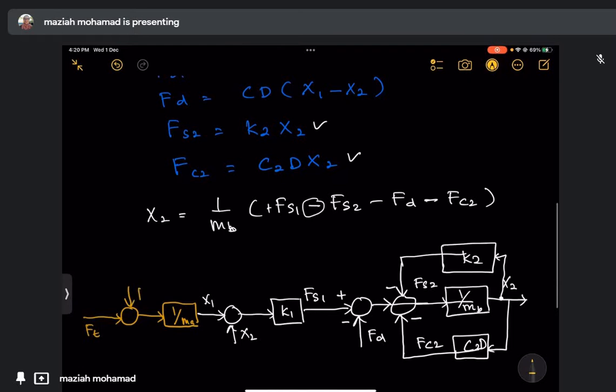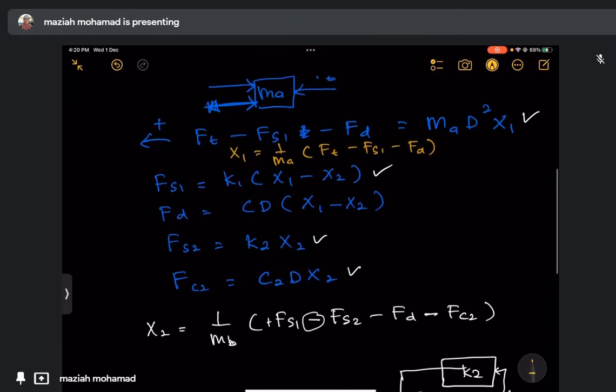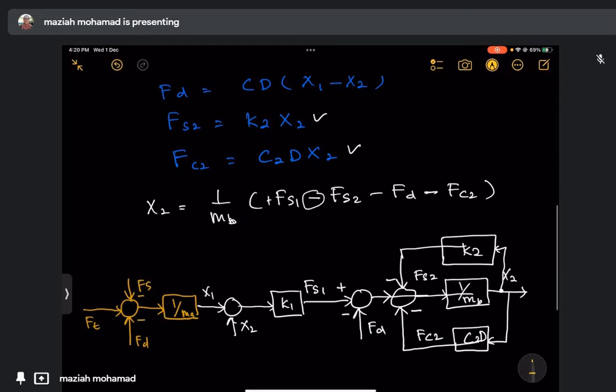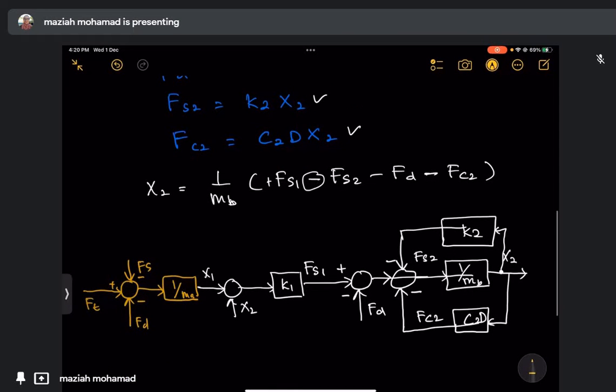So we already have FS1 and also FD. Right, so the sign is plus, minus, minus. And then x2 is already here.